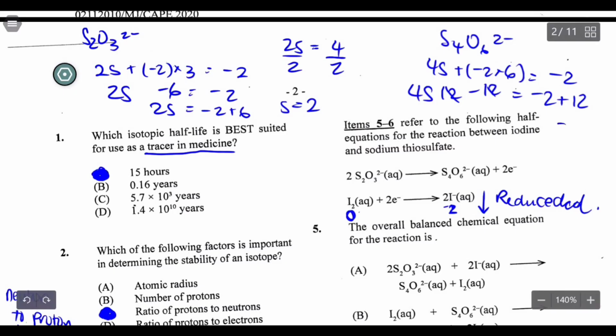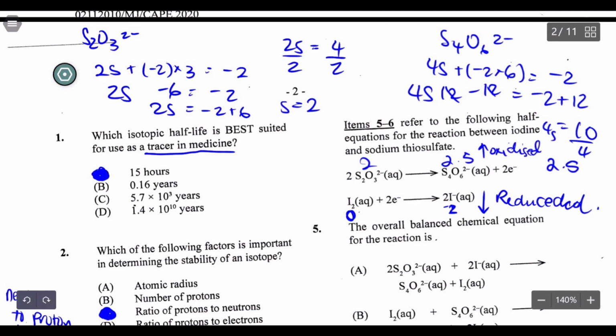So 4S is equal to 12 minus 2, sorry. And what you would see for that is 10 over 4, which is 2.5. So it increases from 2 to 2.5. Therefore, it is oxidized.